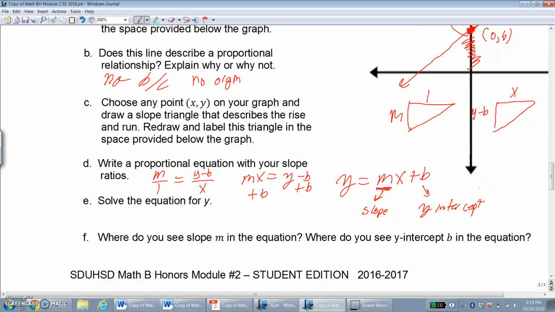All right, where do you see the slope m in the equation? Well, we see the slope is the value in front of x. And b is y-intercept.